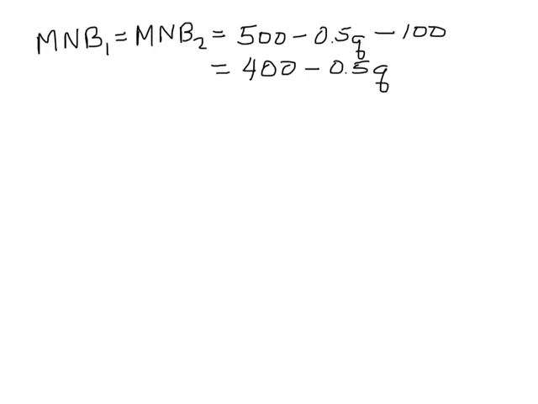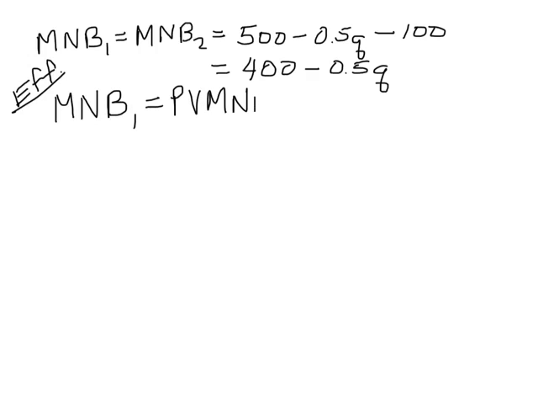But our condition for dynamic efficiency requires, let me just write that down, that the marginal net benefit in period 1, in period 1 present value terms, has to be equal to the present value of the marginal net benefit function in period 2. That's our dynamic efficiency condition. And so that translates into the following: 400 minus 0.5 Q1, the marginal net benefit function in period 1, is going to have to equal the discounted marginal net benefit in period 2.